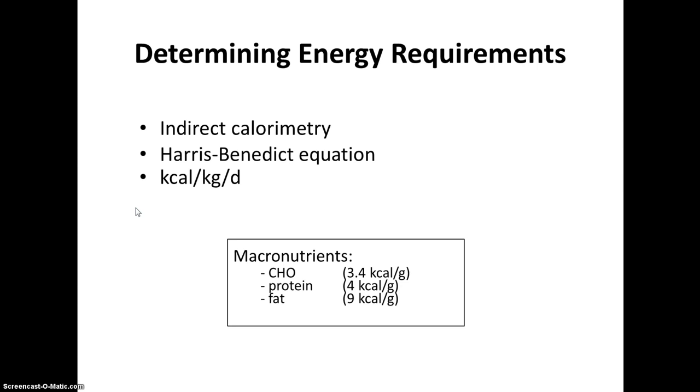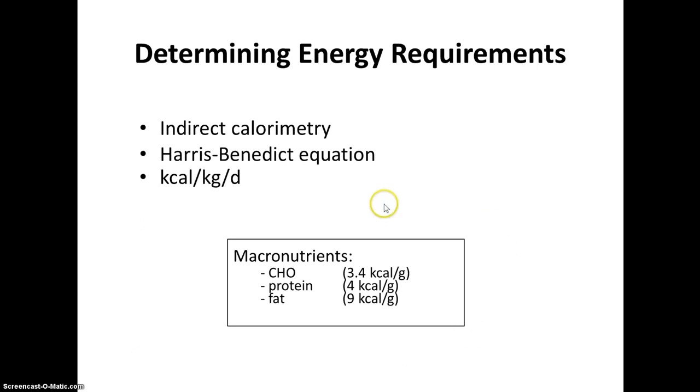And we don't want to give too much, because we know that once the patient's nutritional needs or energy requirements are met, they start to store the excess nutrients in things like the liver, and storing it as fat. So we don't want to do that either.